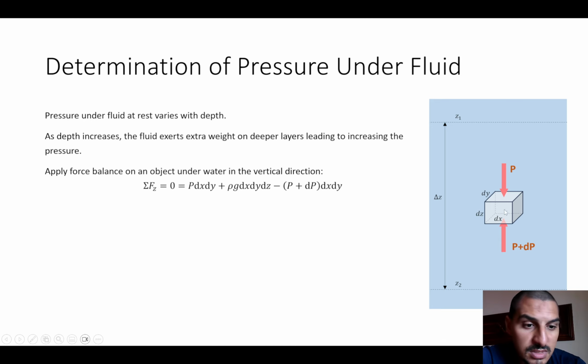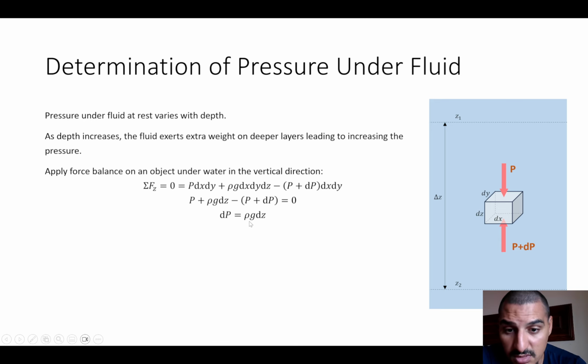And in the opposite direction, there is the pressure from the bottom, which is P plus dP times the area, dx dy. Now we can divide the whole equation by dx dy, so it's going to be P plus rho g dz minus P plus dP. The pressures will cancel out, and the equation is going to be dP equals rho g dz.